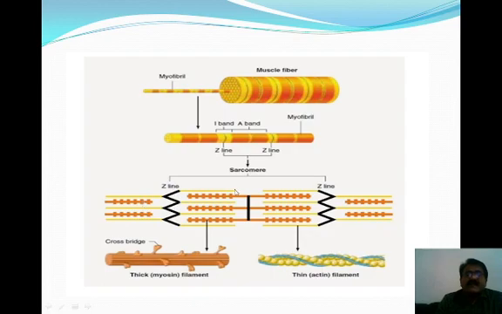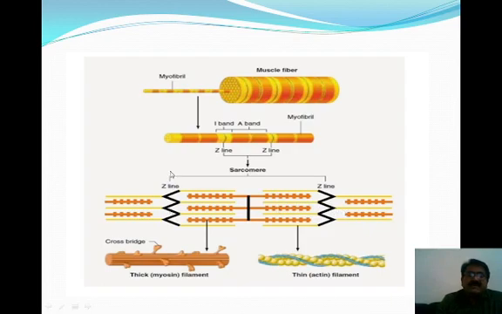Actin and myosin. Here in the diagram we clearly see darker regions and lighter regions: I bands, then A bands, again followed by I bands.